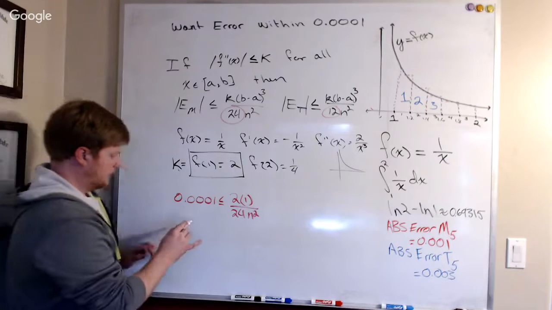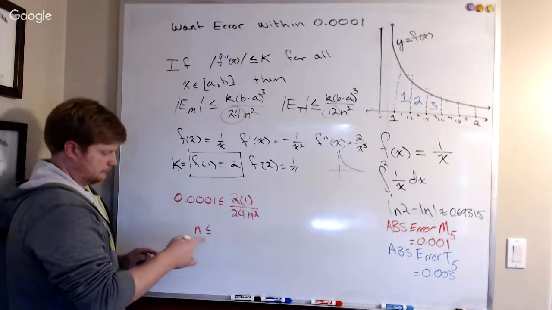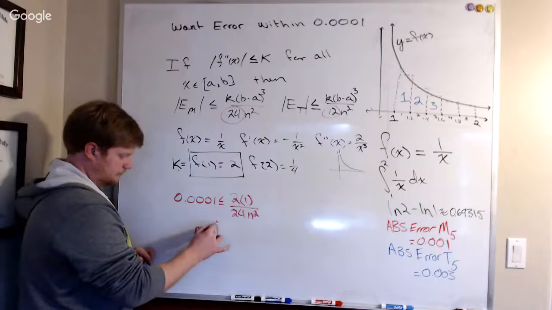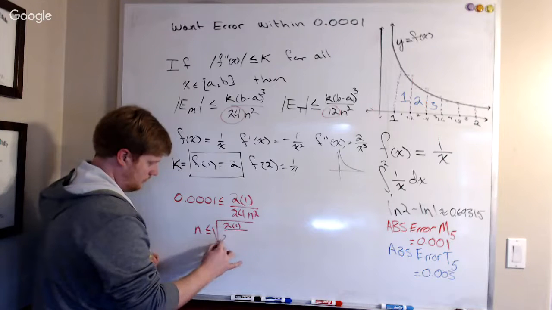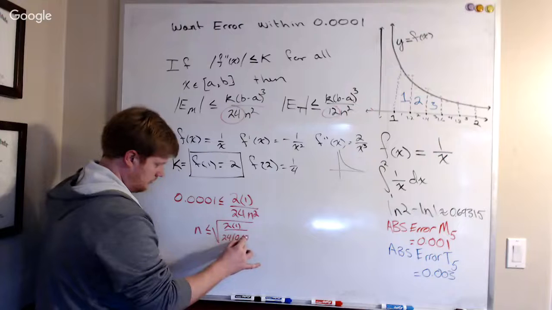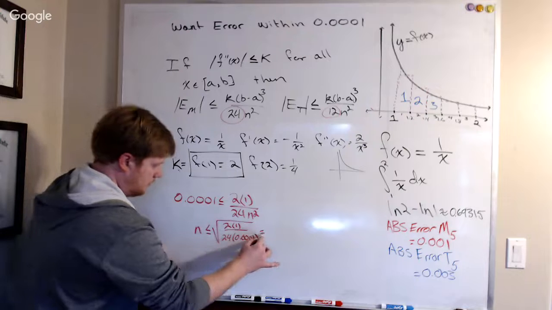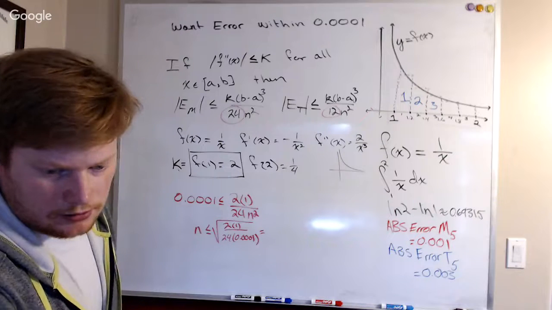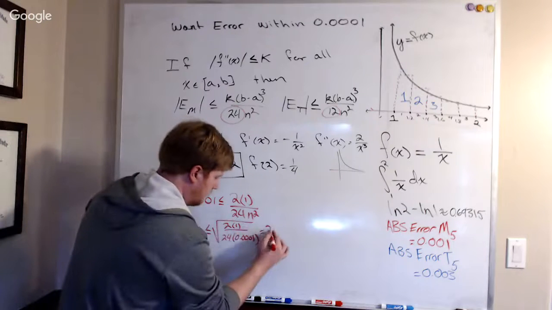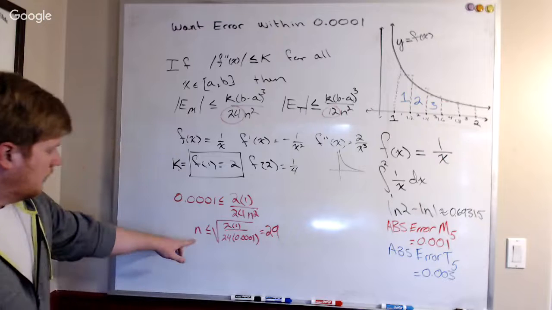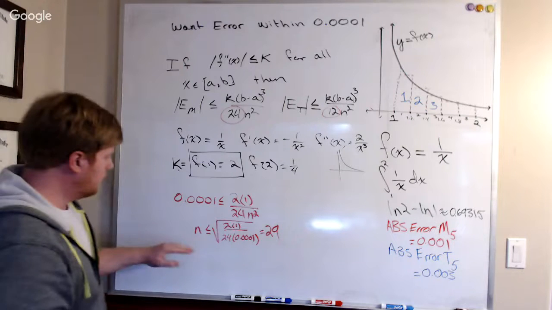Okay, so n for midpoint was 29. So n equals 29.